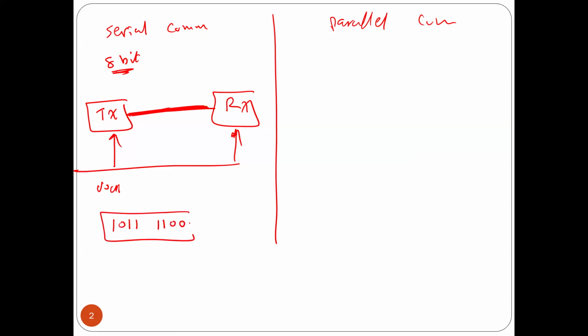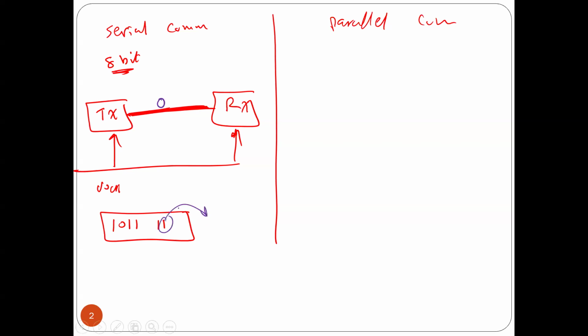In serial communication, in one clock, I put one bit on the line, and you take it. Imagine a line between transmitter and receiver. I put the voltage for one clock, you take it, and then in the next clock I put 0, then 1, and so on.